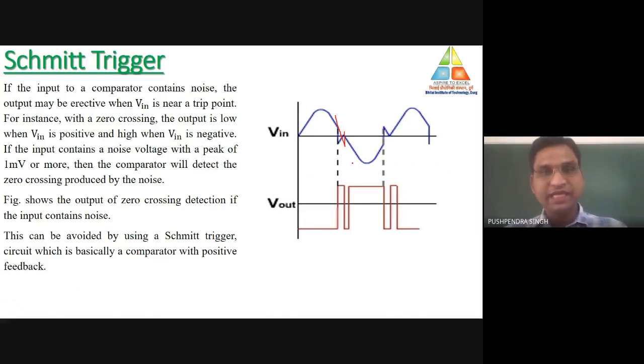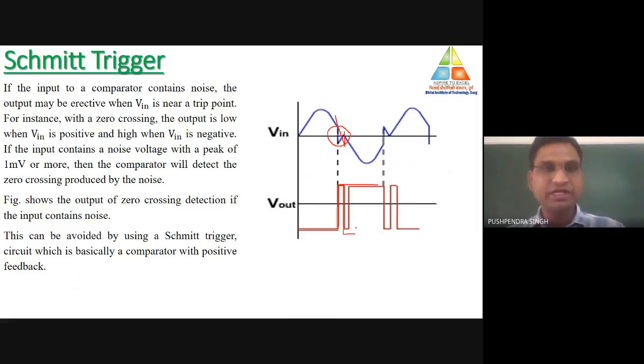As per the actual waveform, the output should move from negative saturation to positive saturation and stay constant in positive saturation only. But due to this noise added to the input of the zero crossing detector, the output voltage changes from positive saturation to negative saturation.